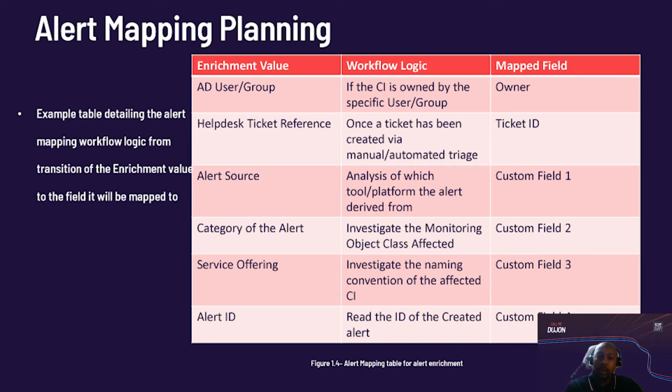Now, as an example, you'd think, well, how exactly would you be able to relate the actual alert to the actual ticket ID that you'd have in a third-party integrated system? Well, one of the things we will cover a little bit further is if we take a look at the custom field 4, we have the alert ID, and the alert ID is a unique GUID, which is created every time an alert is actually created in SCOM.